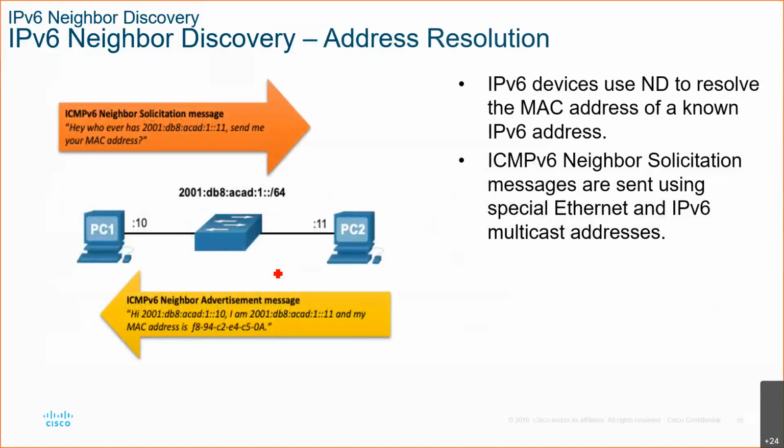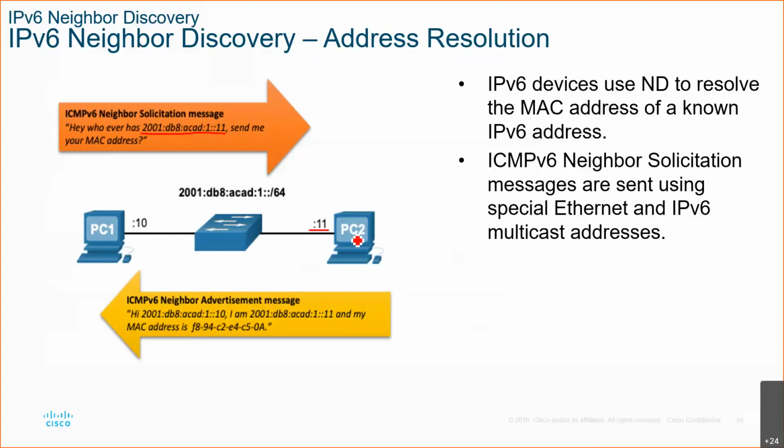So an example is given over here. Look, we are within the same network. PC1 will send a neighbor solicitation message: hey, whoever has this IP version 6 address, send me your MAC address. So there it is, 11 is here.